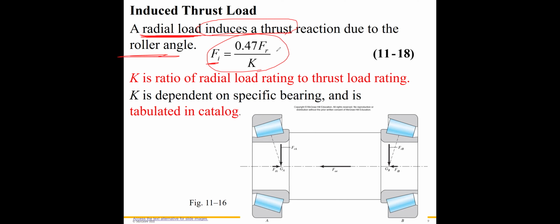K is the ratio of the radial loading rating to the thrust loading rating, and K depends on the specific bearing and is tabulated in the catalog. Therefore, it is defined by the manufacturer. So this Fi is induced from the radial load.